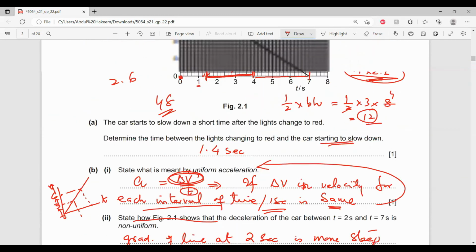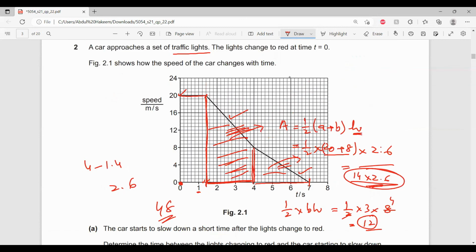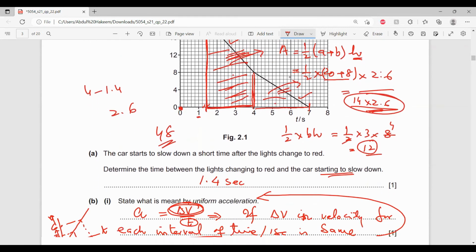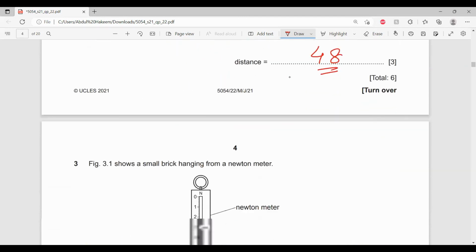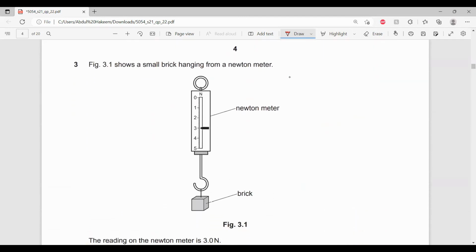Now look at the triangle again. Area of the trapezium, area of the triangle, then both answers are added. And the sum of these two answers is coming 48. Next, question number 3.